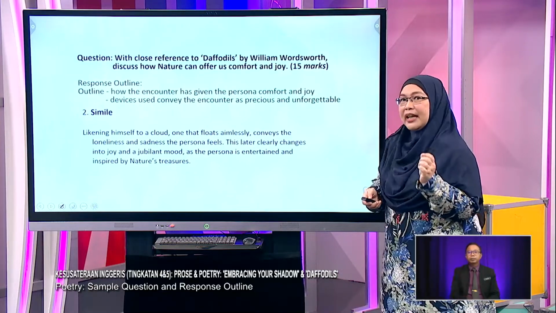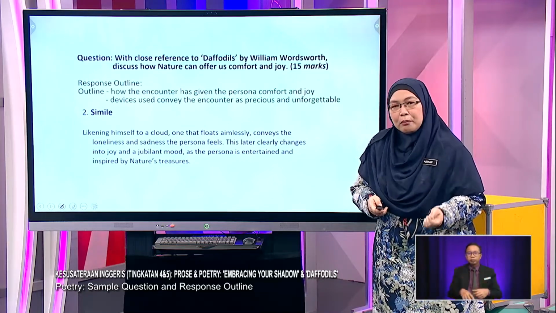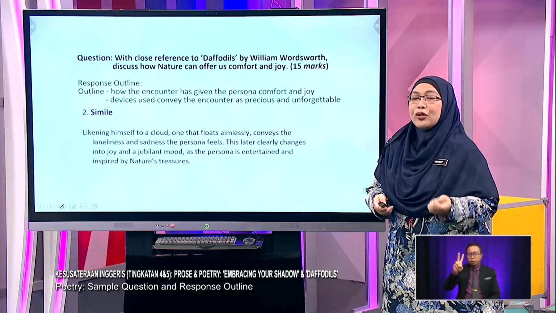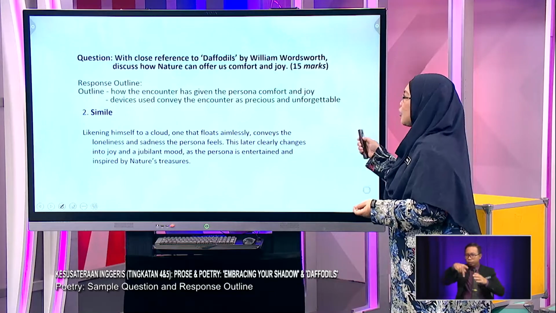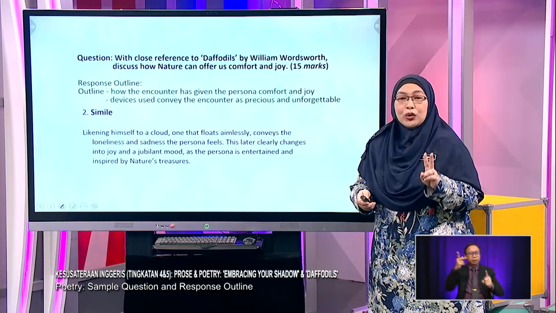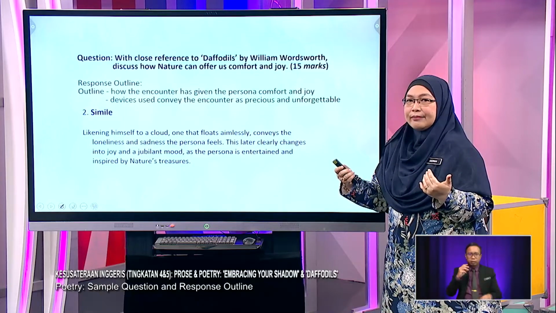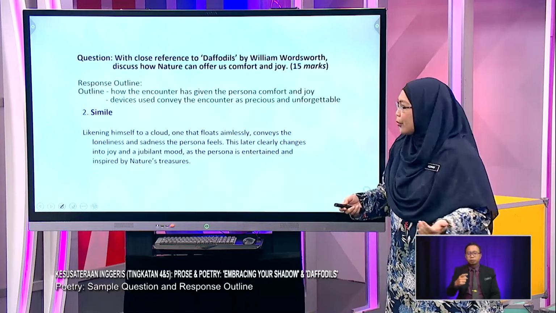Then you have another possible answer. You might want to say that the device simile as used in this poem, especially in the first two lines, where he says, I wandered, lonely as a cloud.